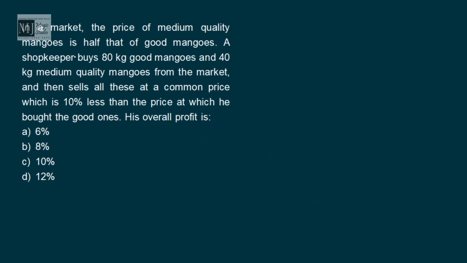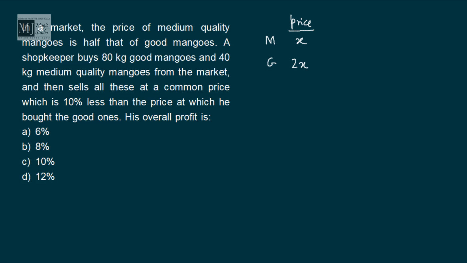1300. In a market, the price of medium quality mangoes is half that of good quality mangoes. So if the price of good quality mangoes is 2x, then the price of medium quality mangoes is x.